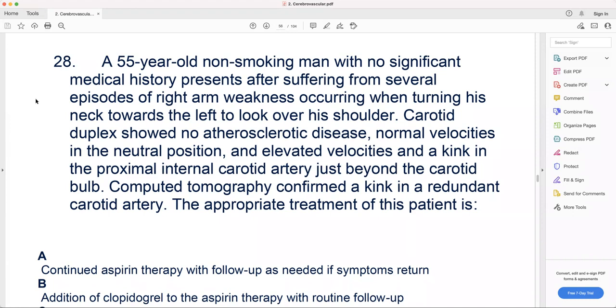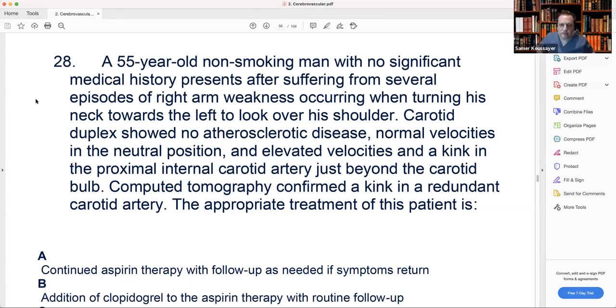Carotid duplex shows no atherosclerotic change, normal velocity in the natural position, and elevated velocity and a kink in the proximal internal carotid artery just beyond the carotid bulb. CT confirms a kink in a redundant carotid artery. What is the appropriate treatment for this patient?